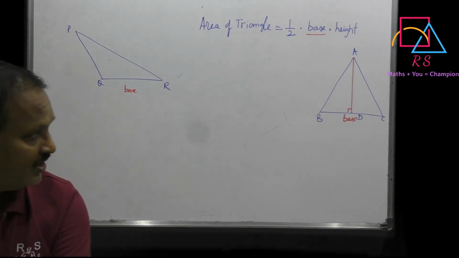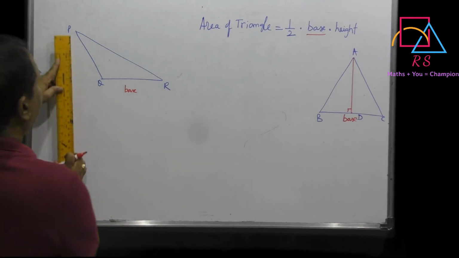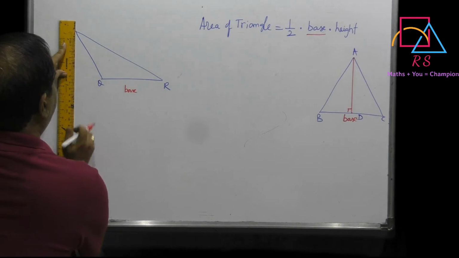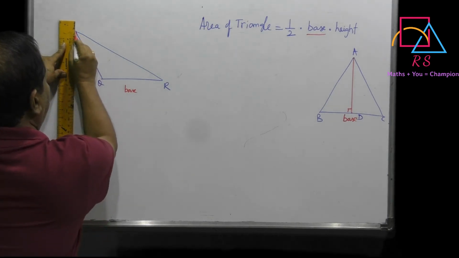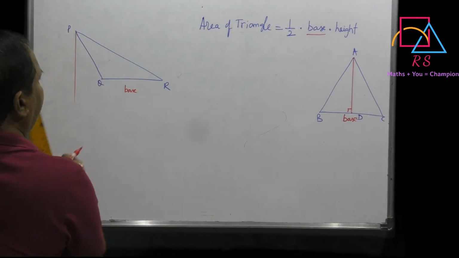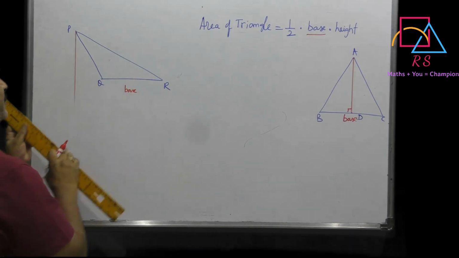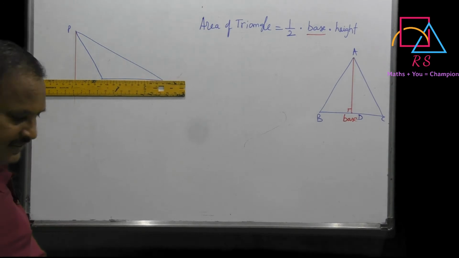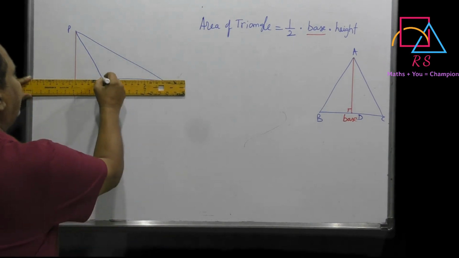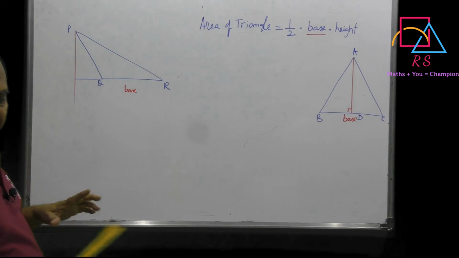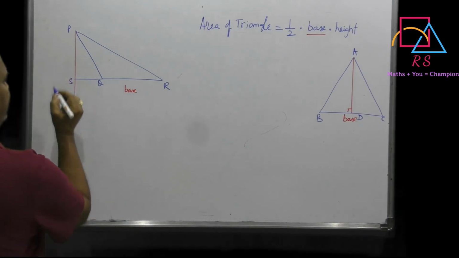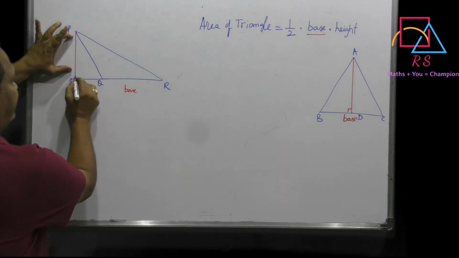Now if I draw the perpendicular, it is not there. So you have to extend the base also. You just extend the base, and in this case you have the height outside. If I write this as PS, PS will be the height.